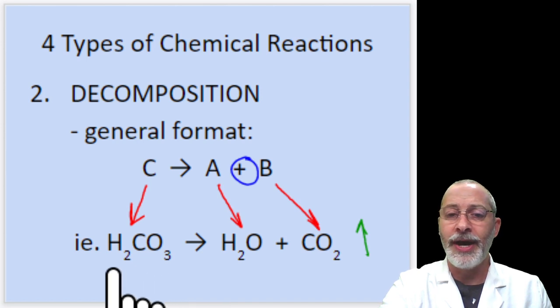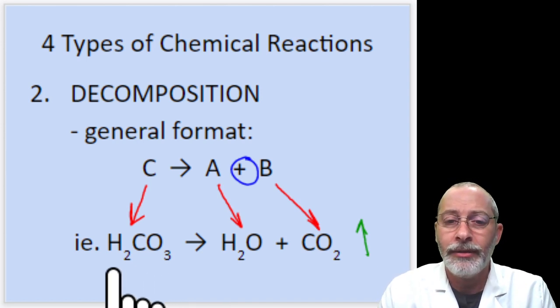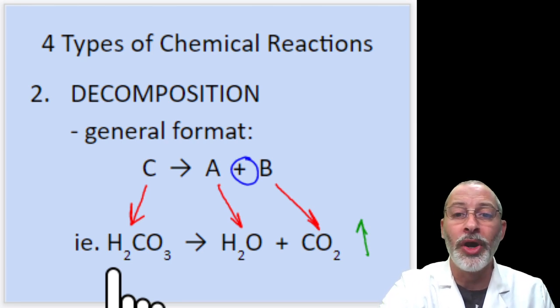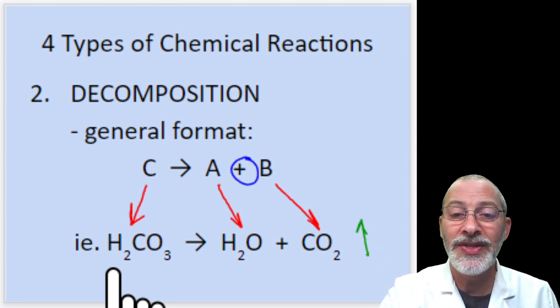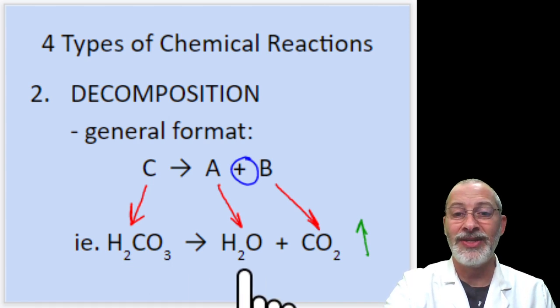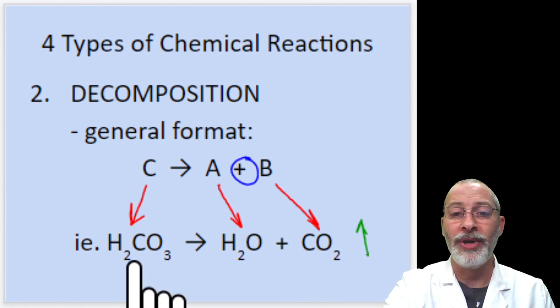This is a complex substance, and it is sodium bicarbonate. And this sodium bicarbonate, under the correct conditions, can break down into two or more simpler substances. And in this case, it's water and carbon dioxide gas.